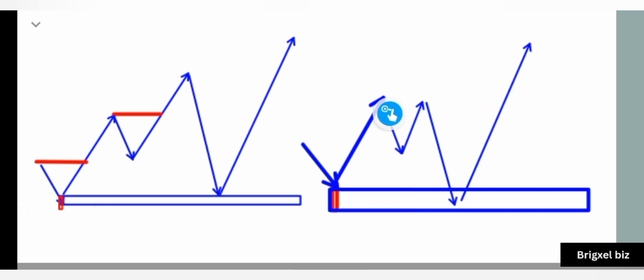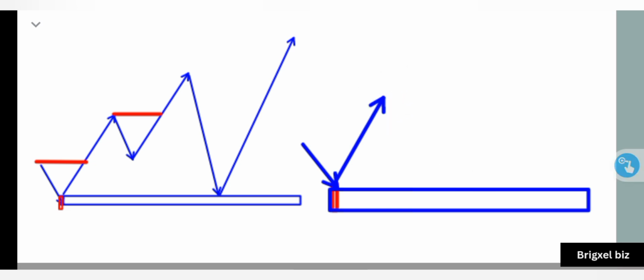So this is okay. It's not compulsory that it must break structure here, but I like to see it break structure. But if it doesn't, if it produces an equal high, that's fine. That tells me that when the market comes down to sweep this liquidity here, there's a likelihood that the market will still go upwards to sweep the equal high liquidity here.